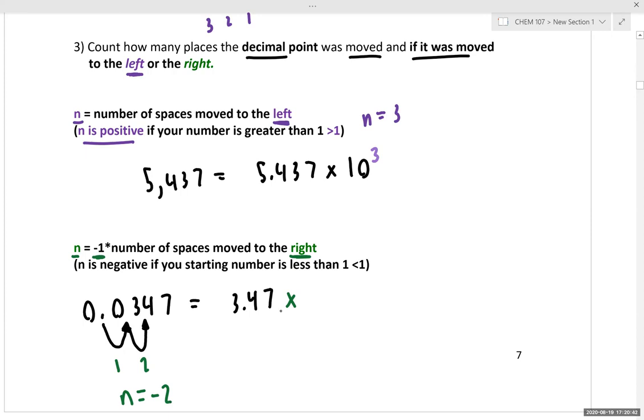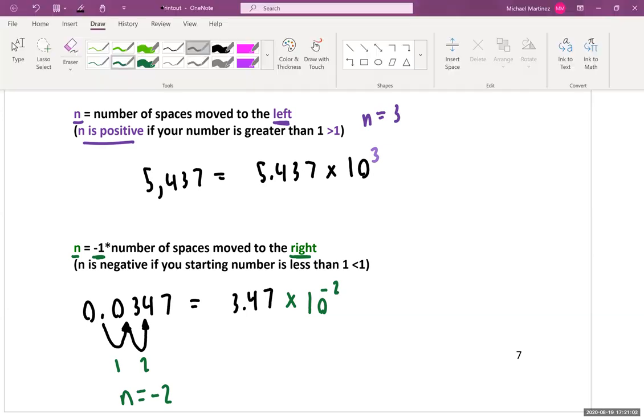Okay, so we have 3.47 times 10 to the -2. Small numbers have negative powers of 10 in scientific notation. Does this make sense to everyone? Any questions on this idea?